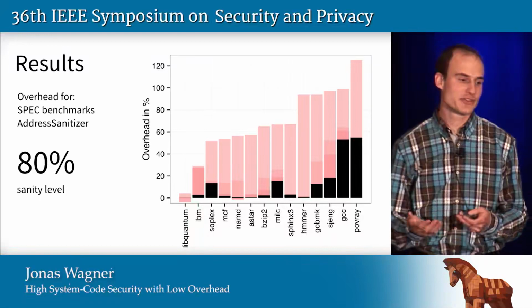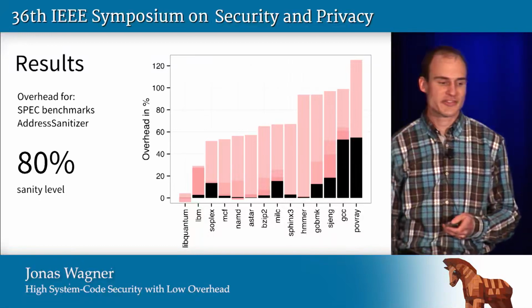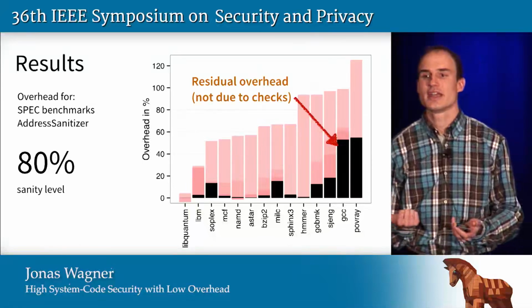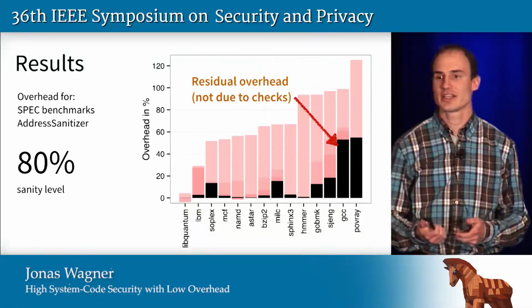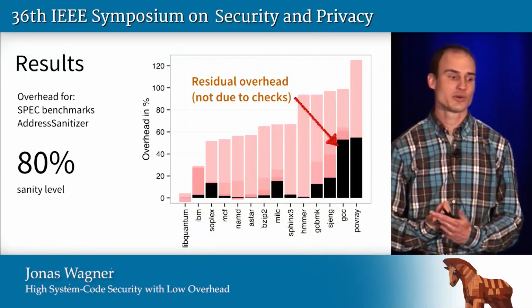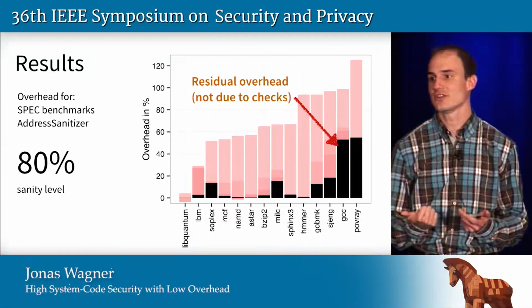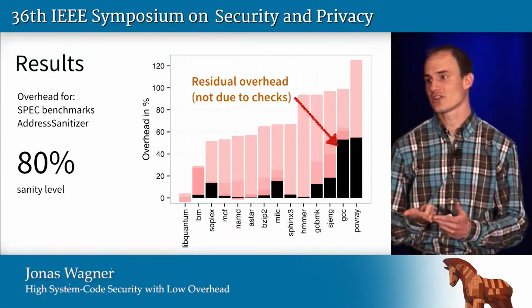Now, I would like to highlight two things. The first is that for some benchmarks, there is still residual overhead. We found that this is actually overhead that is not due to checks, but due to other things that AddressSanitizer does, like changes to the memory allocator or effects on the instruction caches.